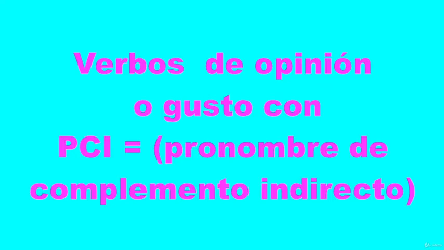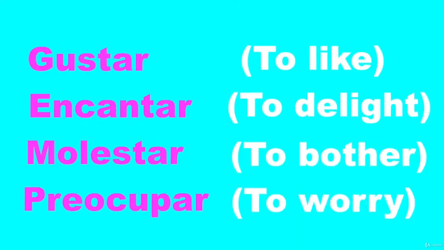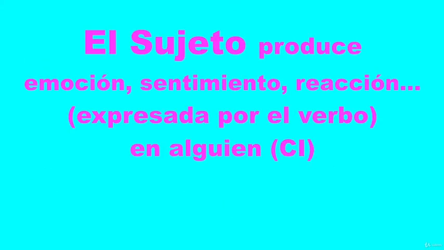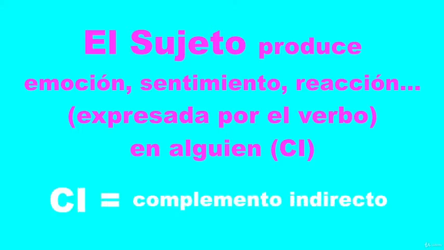Verbs like gustar, encantar, molestar, preocupar. In this type of constructions, there is an element, the subject, that produces an emotion, feeling, reaction expressed by the verb into someone, the indirect object.